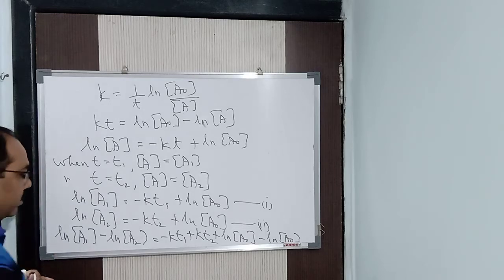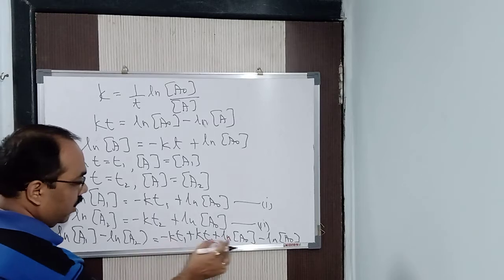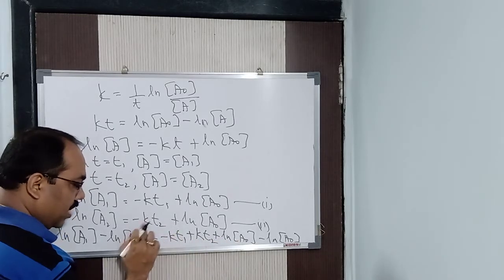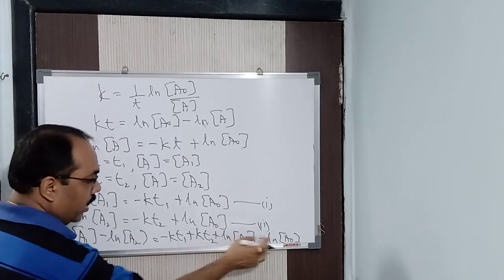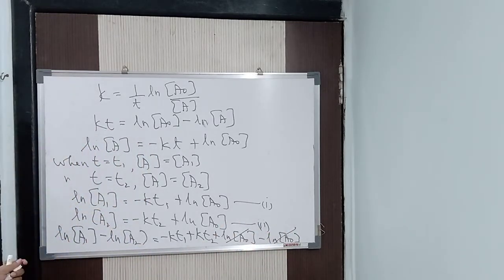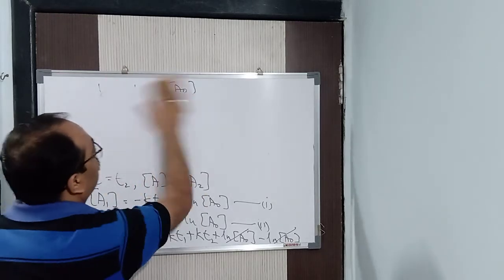Clear? So minus of minus will be plus KT2, and this and this get cancelled. Finished? Done? Let me rub it at the top.